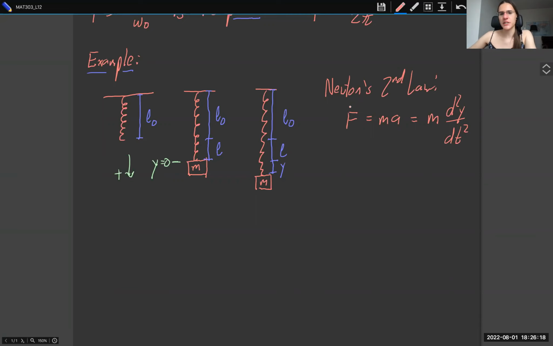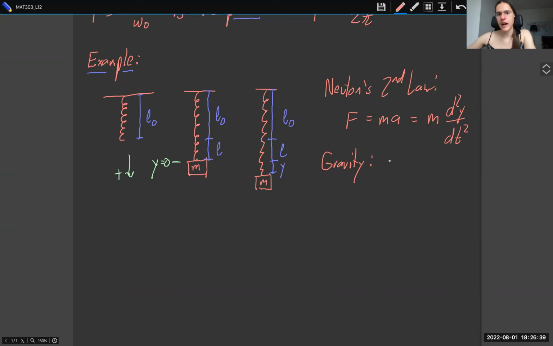Now the question is, what is the force? Well, there are formulas for what the force is in terms of things. Gravity is a force that acts in proportion to the mass of an object. Weight is a unit of force.